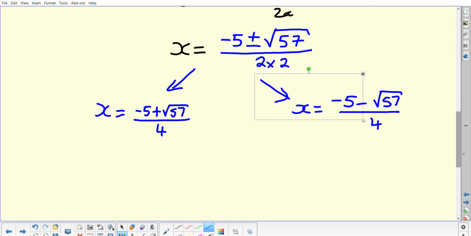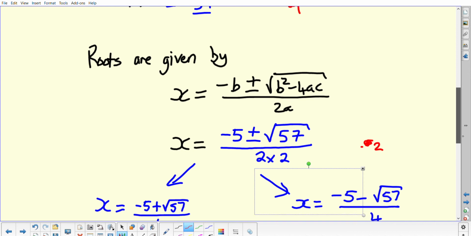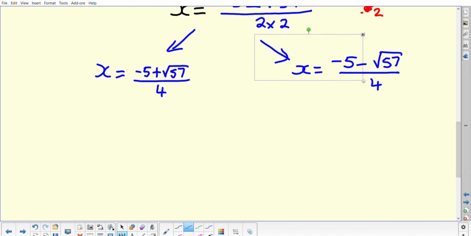So this line here where you've subbed in and you've got the value of b squared minus 4ac correct, that would be your second mark. The next bit, you just have to do all of this in the calculator. Make sure you use the fraction key to do this.